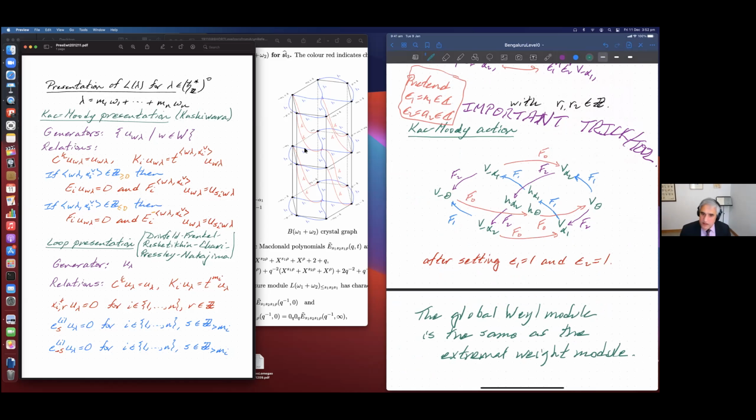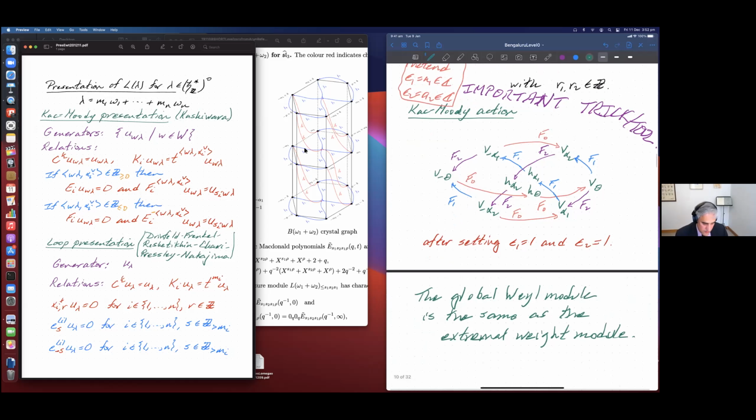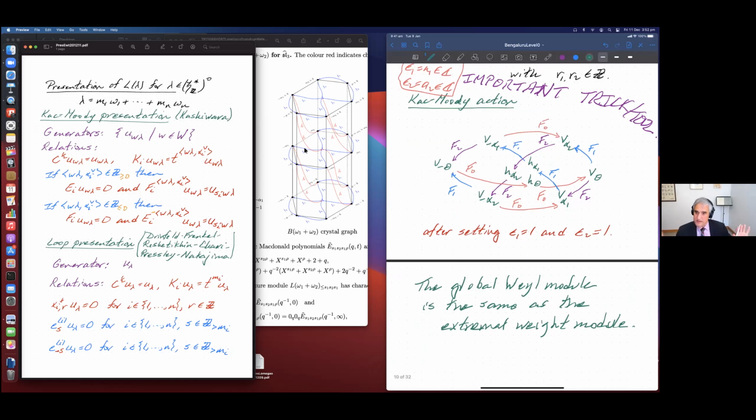So historically, when they were first defined, there were two different things defined, and it wasn't completely clear that they were the same. But eventually, Nakajima's papers explained quite clearly that they are exactly the same. There are different presentations to look at, but they are the same module. So that's this infinite thing.